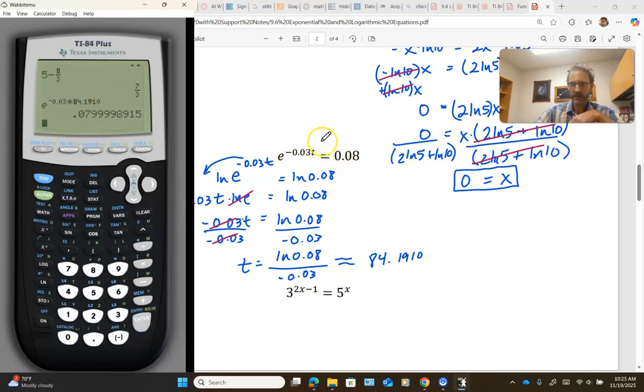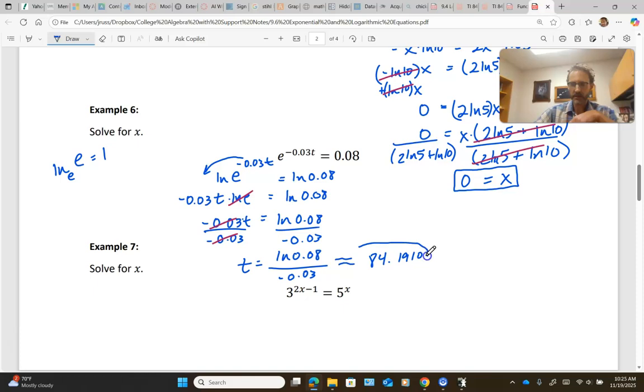This is not exactly 0.08, but you can see it's really close. Okay, the reason it's not exactly 0.08 is because I'm using this approximation for my solution instead of this actual number. This is the exact number right here.